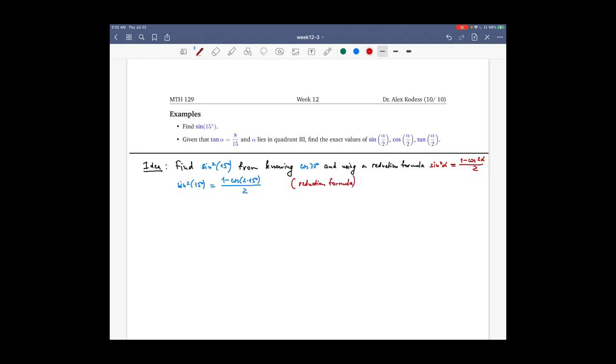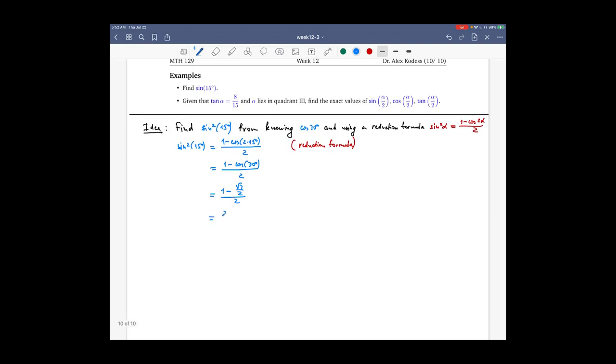And the rest is a boring computation because now we know that we're computing cosine of 30 degrees. And that we know is root 3 over 2. And so multiplying by 2 the numerator and the denominator, we get 2 minus square root 3 over 4.